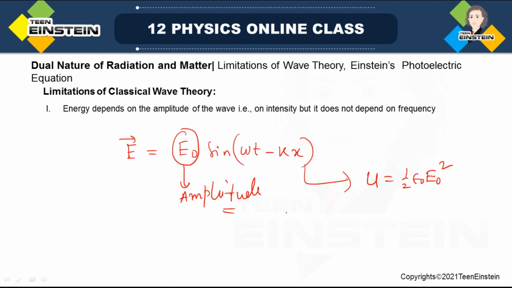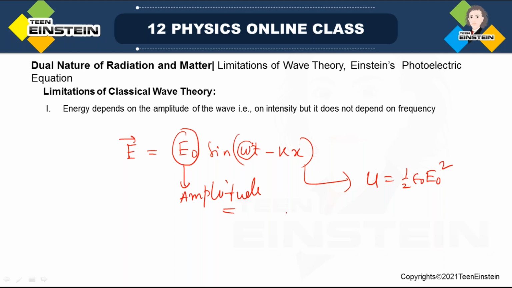That means according to the wave theory of electromagnetic radiation, the energy depends on the amplitude. It does not depend on the frequency omega. So then what happens?